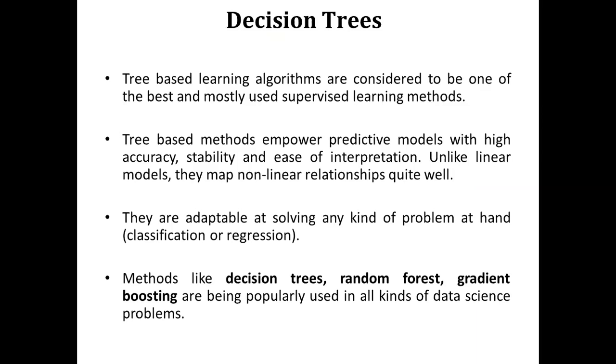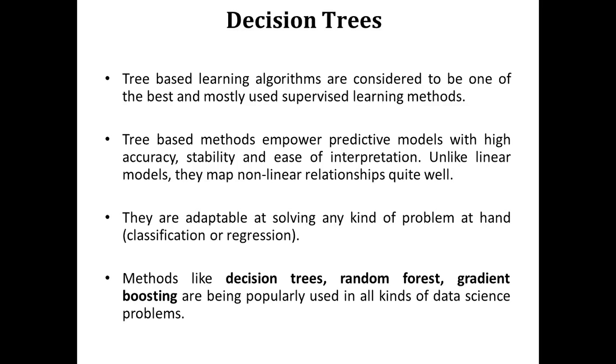Now we will move further. Tree-based learning algorithms are considered to be the best and most used supervised learning methods. Tree-based methods empower predictive models with high accuracy, stability, and ease of interpretation. Unlike linear models, they can map non-linear relationships quite well.